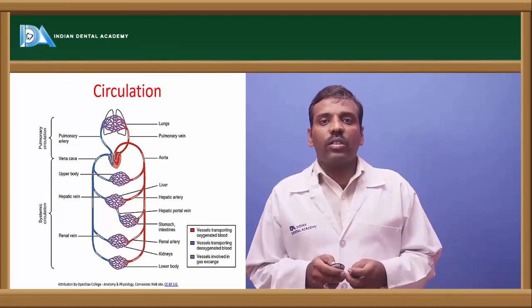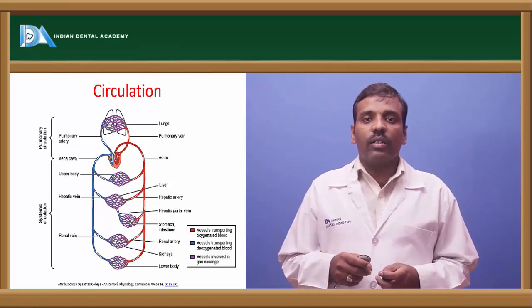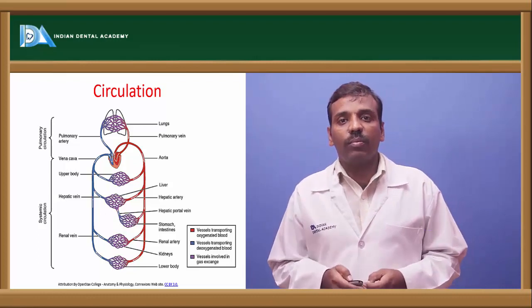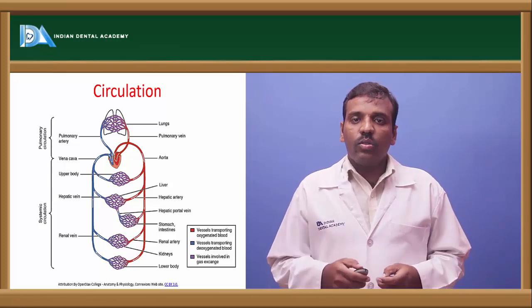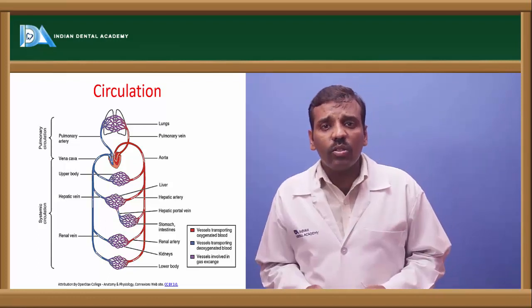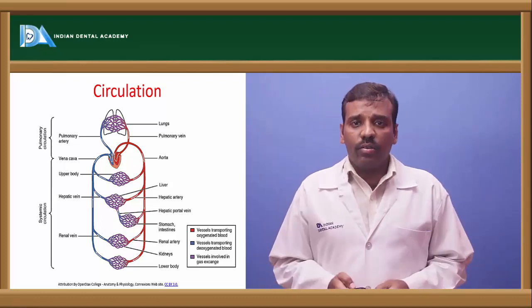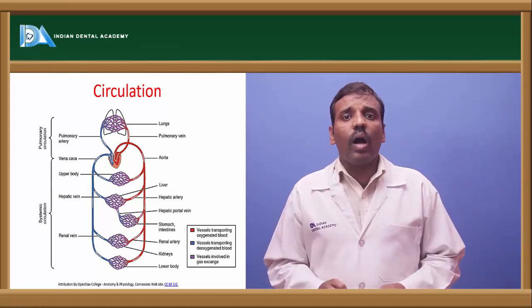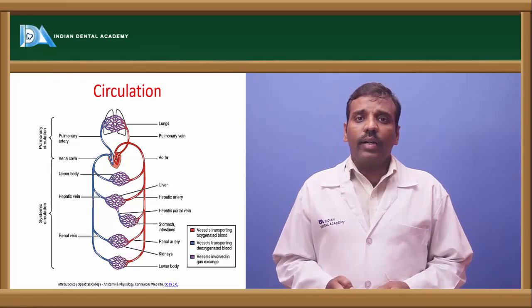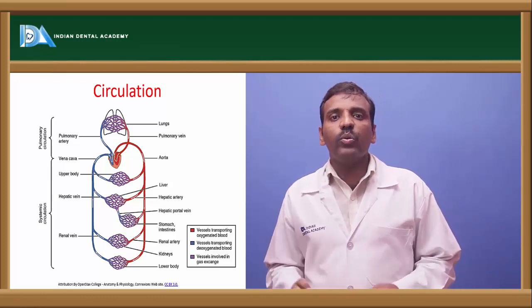Okay, so first the aorta takes the blood collected from the heart, and after that the aorta divides into arteries, and arteries divide into arterioles, and arterioles divide into capillary blood.